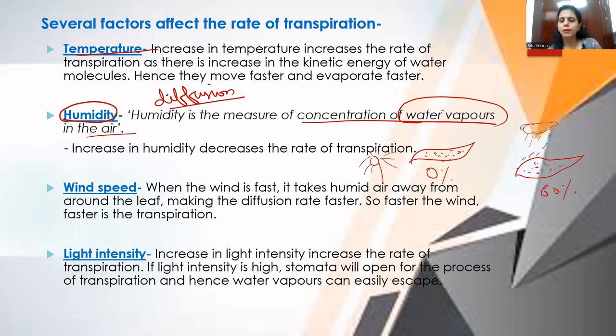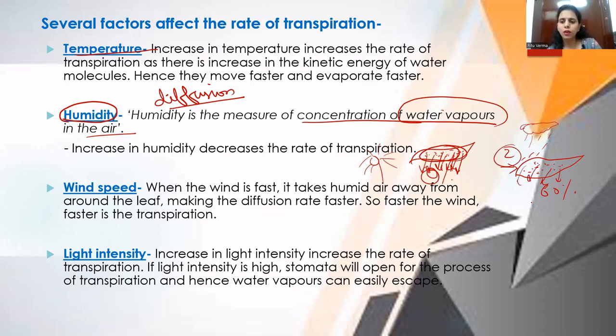So what will happen? In the first case, the rate of transpiration will be very high, very fast. Why? Because in the first case, the concentration gradient is also very high, and because of diffusion, water vapors will move from the higher concentration region to the lower concentration region. But in the second case, transpiration will take place, but at a slower rate. Why?